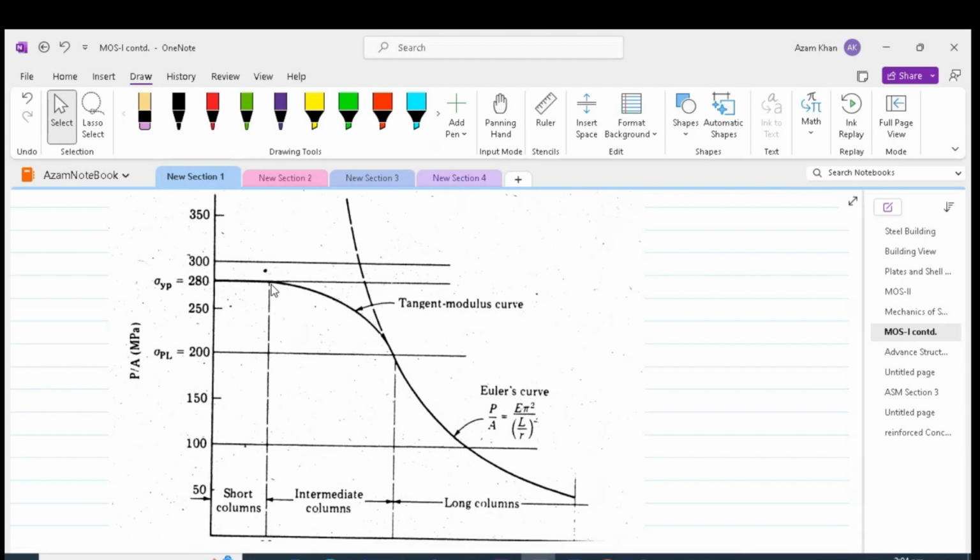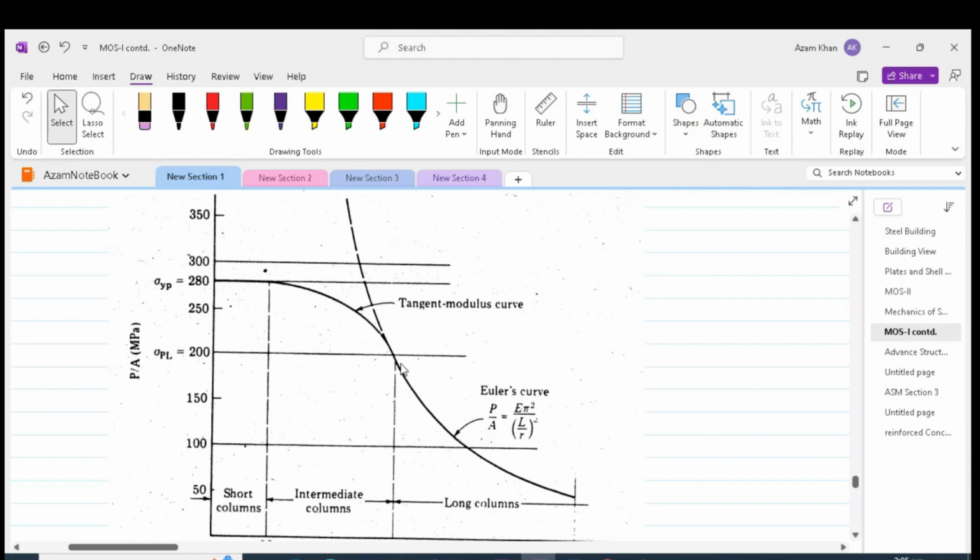The empirical formulas are commonly given in the steel codes of practice because this sort of issue is more common in steel than reinforced concrete. Steel, being a slender material, is more susceptible to buckling as compared to reinforced concrete.